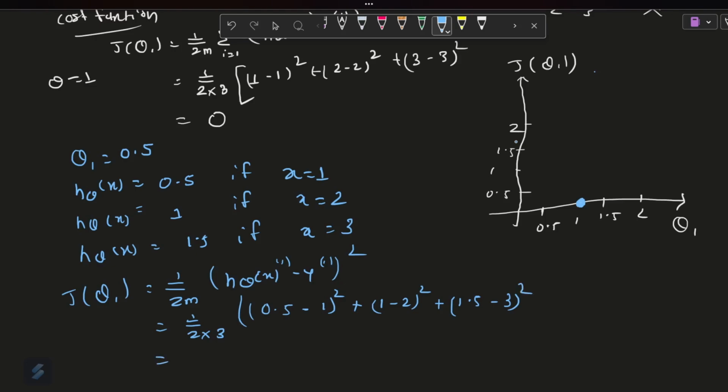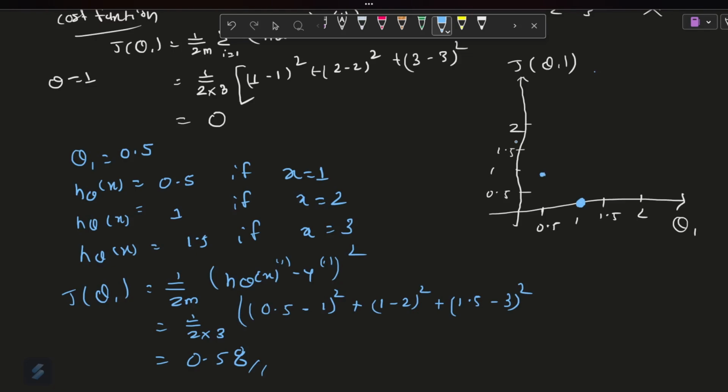This approximately gives us 0.5. We calculate that small thing, and it comes here as 0.50. In that graph, when the theta value is 0.5, the J of theta comes somewhere here.